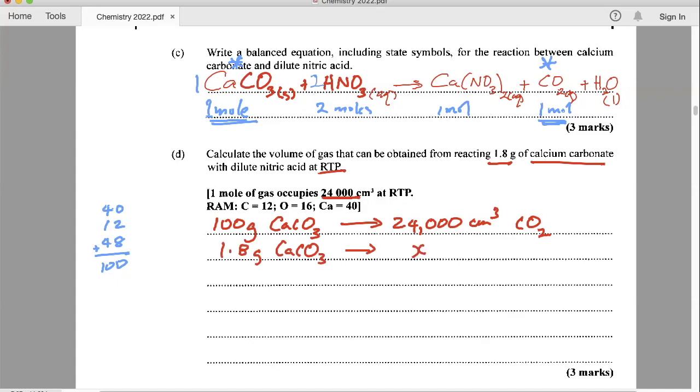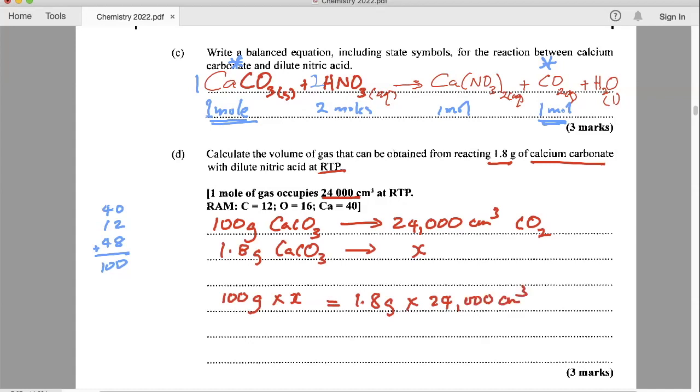So we're now going to cross multiply. Of course, when we do that, we're going to have 100 grams times x is equal, we're going across diagonals, 1.8 grams times 24,000 cm³.